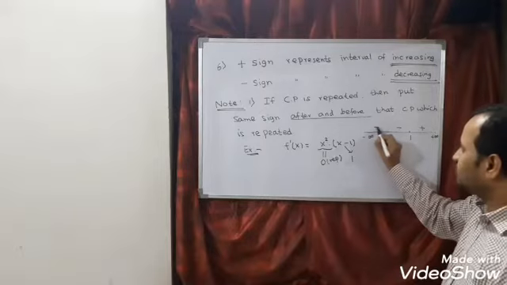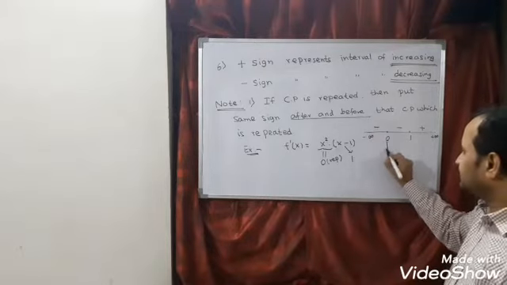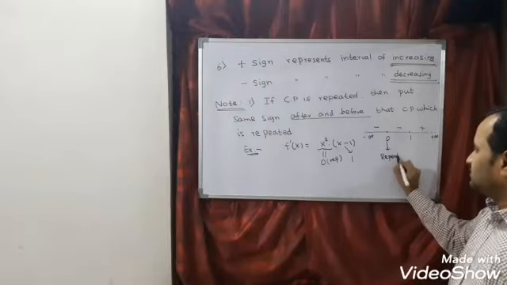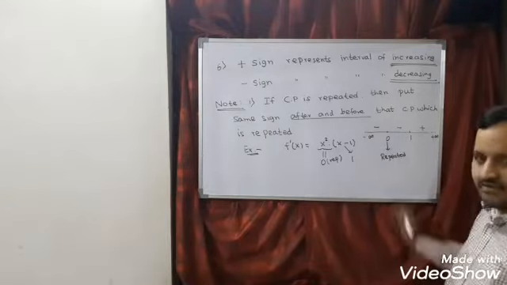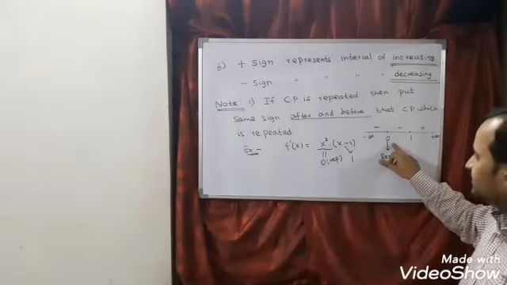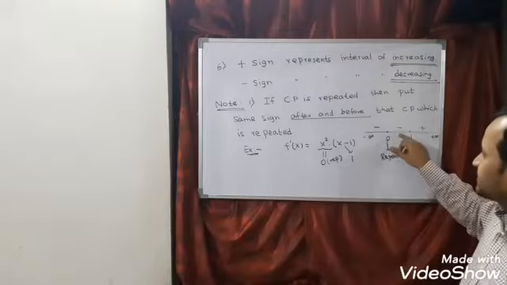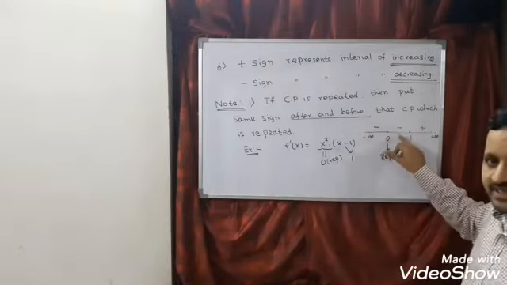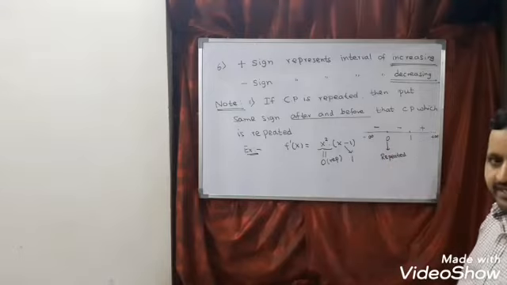Same sign you have to keep here, because this critical point is repeated. So you have to keep this in mind whenever critical point is repeated, you have to put same sign before and after that critical point which is repeated. I think it is clear.